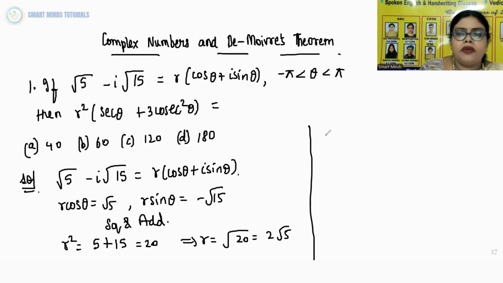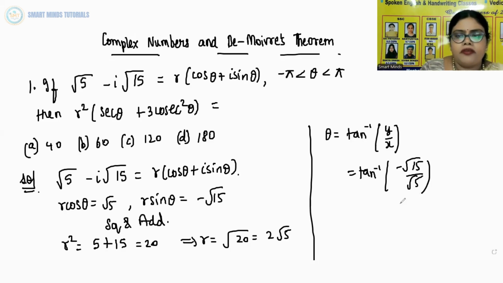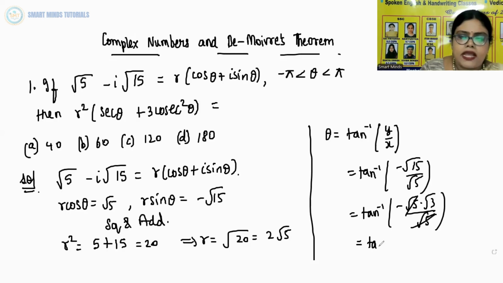And always remember, how do you get the theta value? Theta is tan inverse of y by x, where y is imaginary part and x is real part. So that is equal to tan inverse of minus root 15 by root 5. Now root 15 we can write as root 5 into root 3, so root 5 cancels. That is tan inverse of minus root 3.